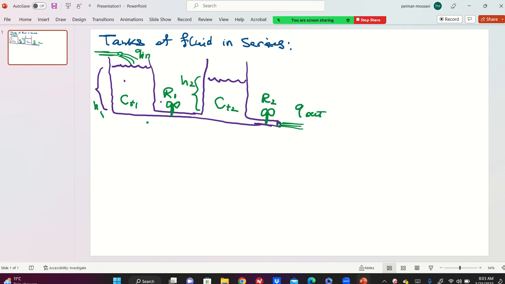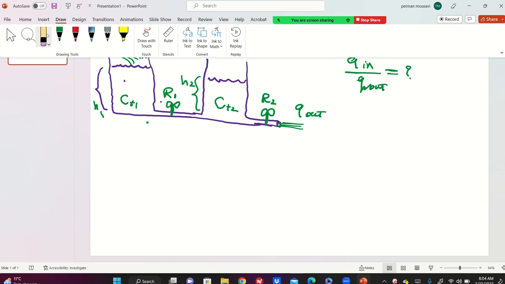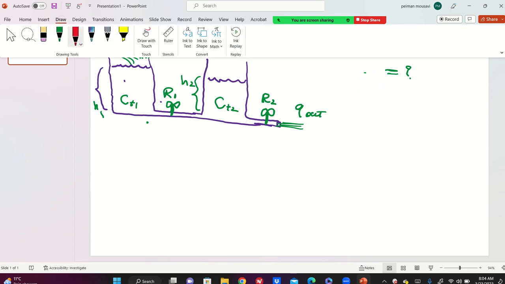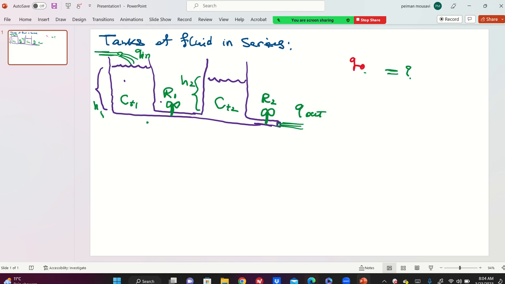So what we're going to do is get the closed loop transfer function of Q out over Q in. Sorry, this is inverse.